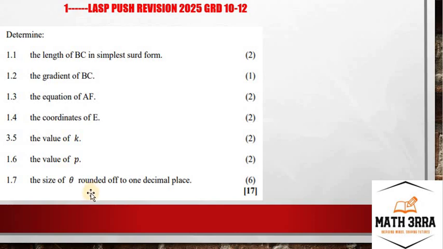But I'm asking you that with the narrative that I've built with you, could you please be so kind as to attempt 1.3 all the way to 1.7 by yourself before you watch the next video?